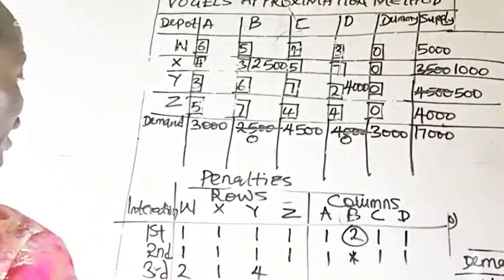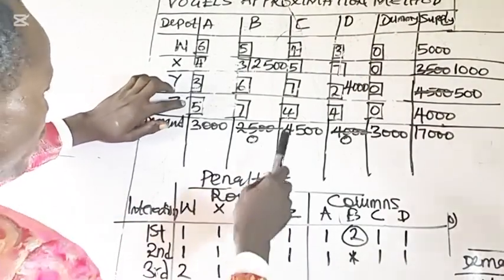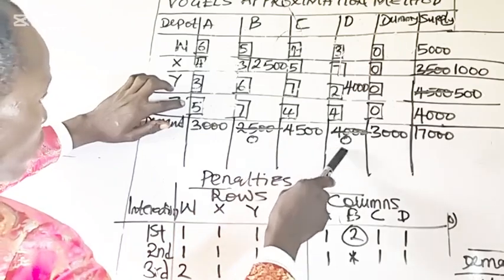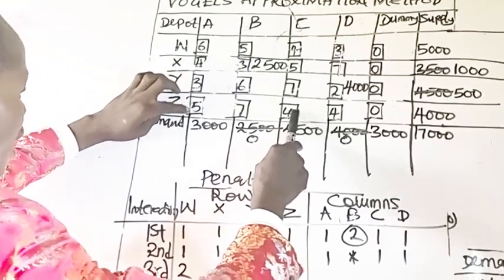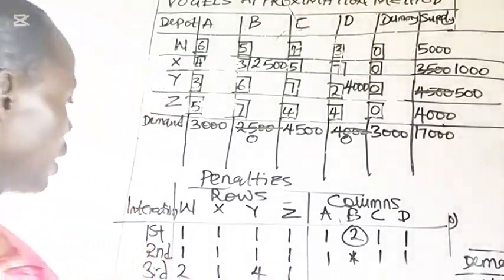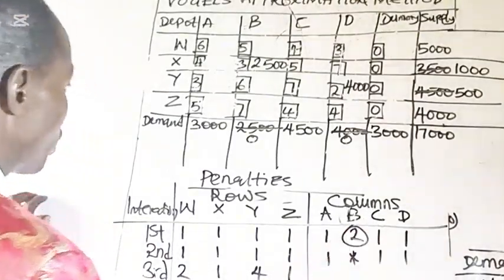Then row Z. We have the least cost to be 4 here. You can't count this one since you finished what you have here. So we have 4. Then the next, we have 5. 5 minus 4, that is 1. Then the next, we have columns.